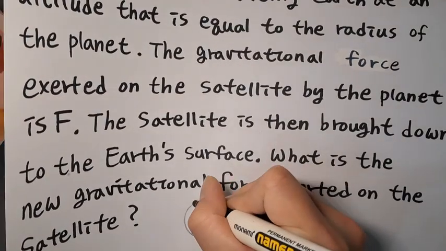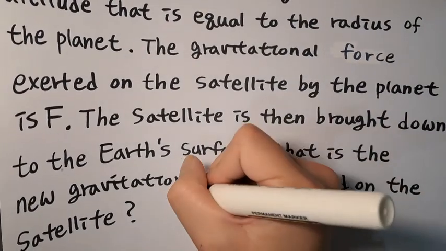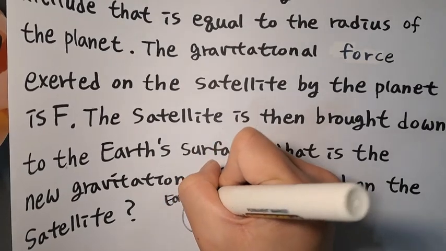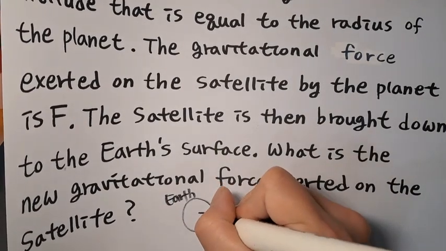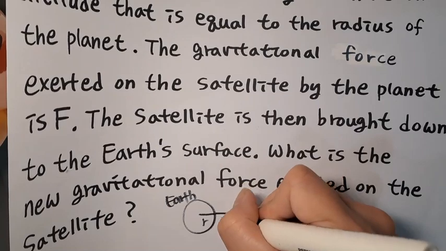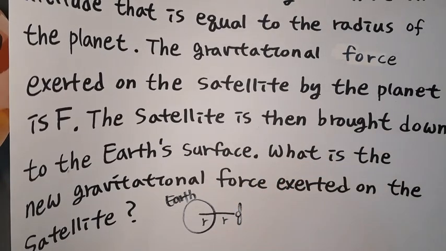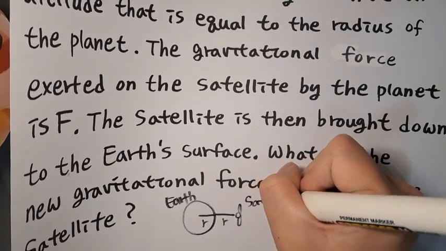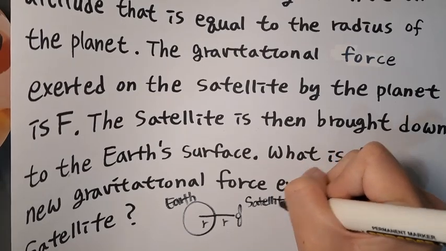So this is going to be the Earth, and this is the radius and the surface is here. The satellite is in here.